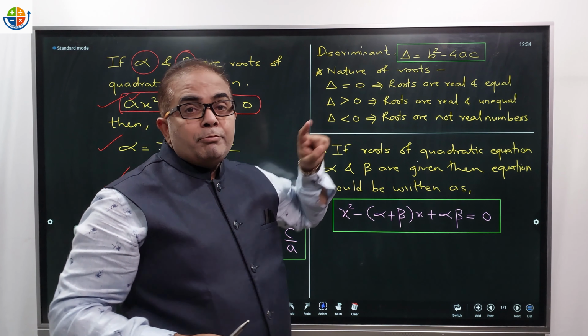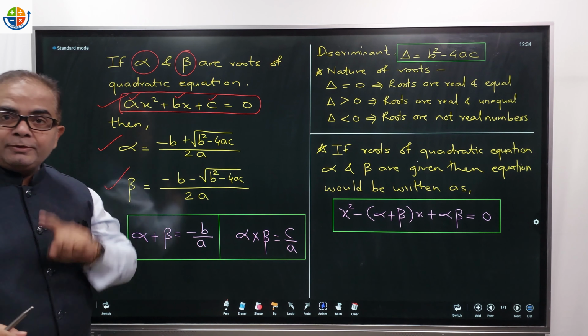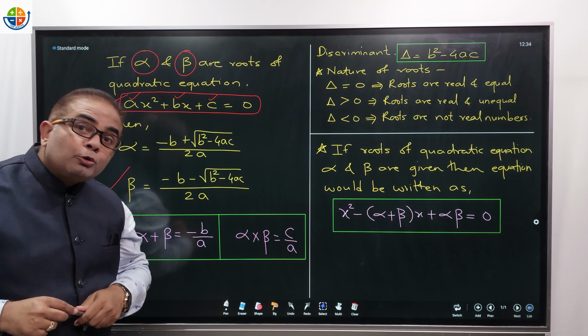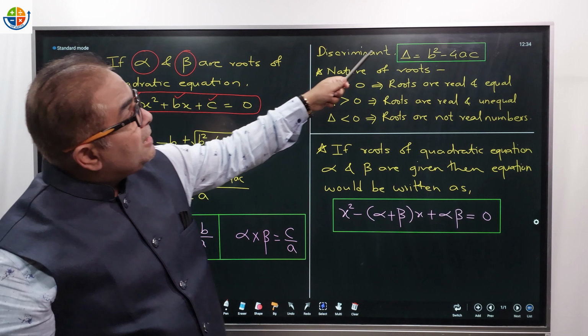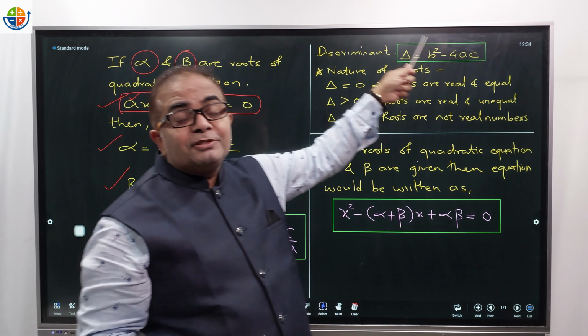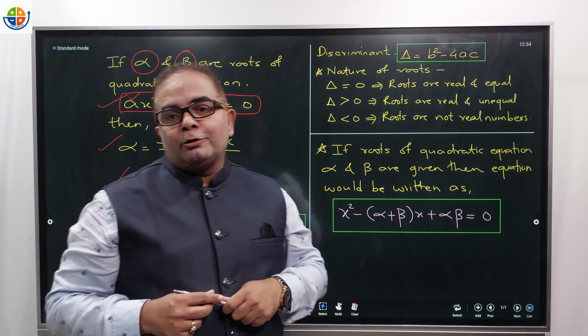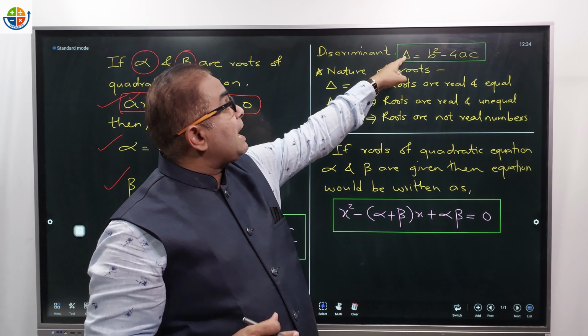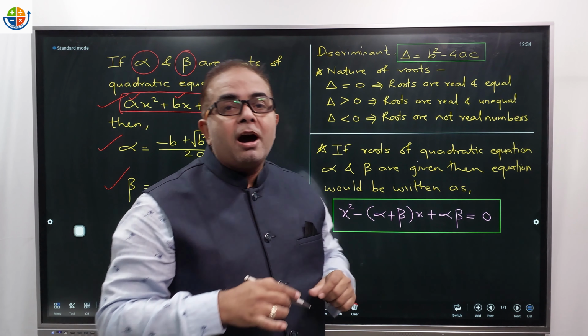Now, b square minus 4ac, correct? This b square minus 4ac we put in the root, correct? This b square minus 4ac is also called the discriminant. It is denoted by a triangle-shaped symbol called delta.